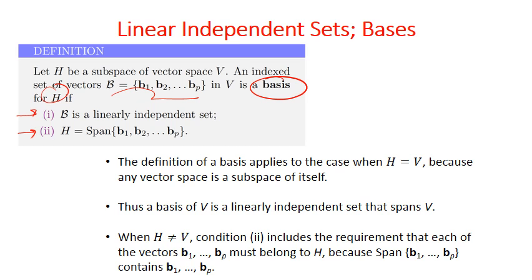The definition of a basis applies when H equals V, and the basis of V is linearly independent. And then down here it talks about when H doesn't equal V, what the consequence is.